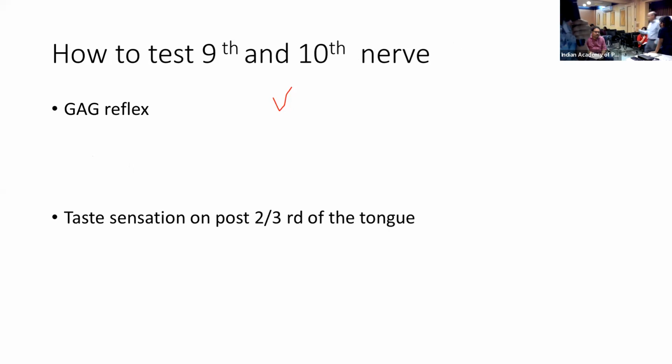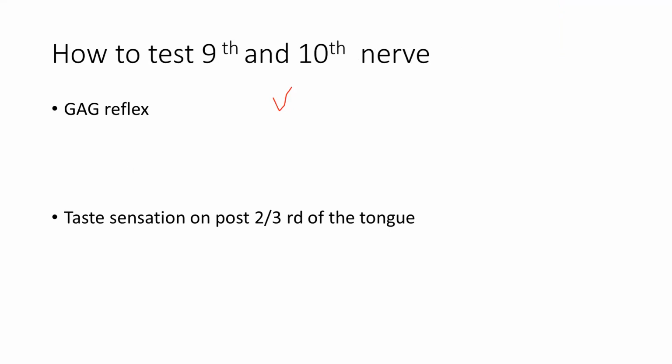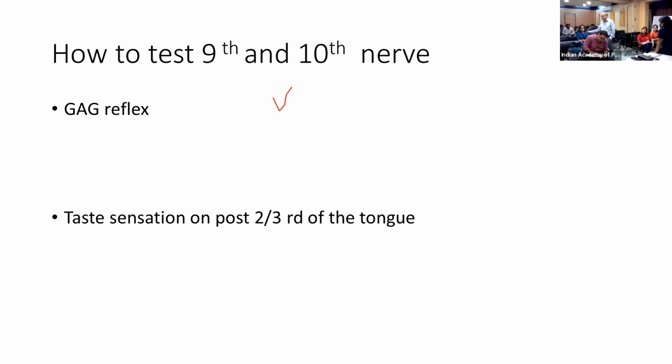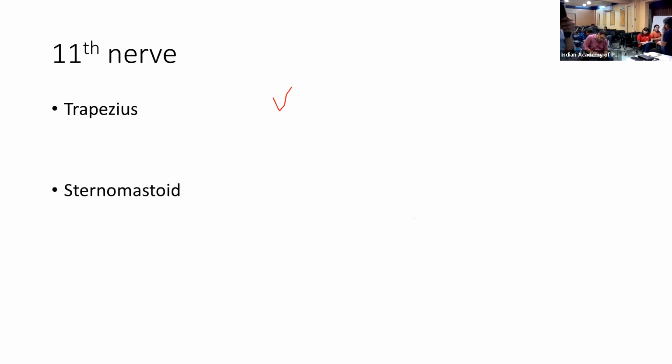What happens, somebody online, what happens in gag reflex? Contraction happens of the muscle and upward and anterior movement. Yes, so that contraction and the tongue moves in. The action of how you would want to vomit, right? That is a positive gag reflex. And sensation on the posterior 2/3 of the tongue, right? That is for 9th and 10th.